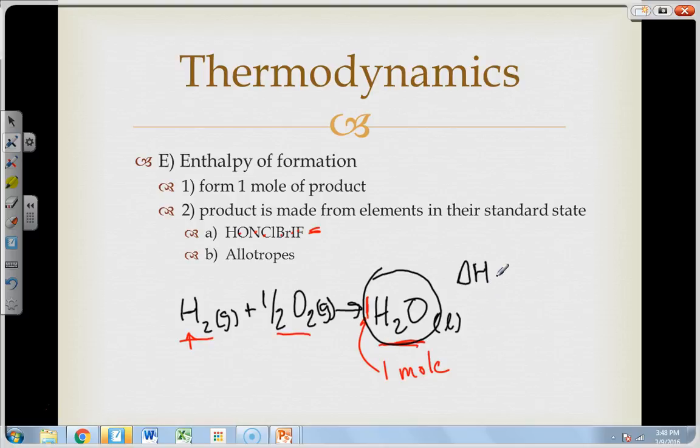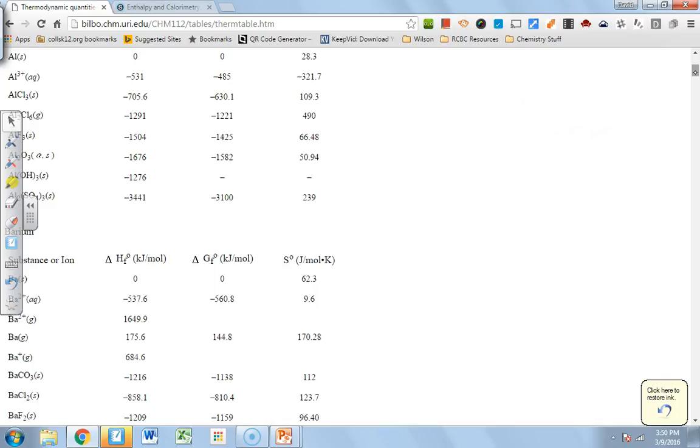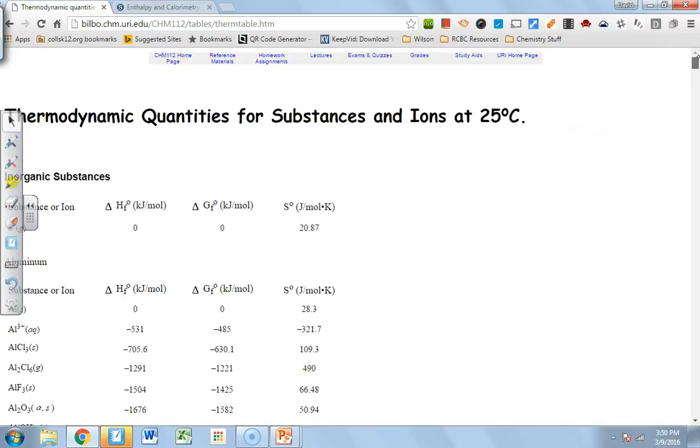If you go to a thermodynamic data table, and let me pull one up here, so here's thermodynamic values, and you can find one in the back of your book or wherever. If you look at any element in its most common natural state, ground state, standard state, like here's aluminum, aluminum has a delta H of formation, that sub F stands for formation, of 0.